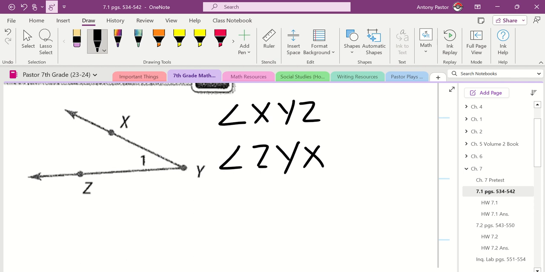The other 2 ways of naming the angle, anybody see one that they think we could name it? There's some other stuff up there. What can we name it? No, we cannot name it ZXY because, again, that's not the order in which the lines go. You are saying, essentially, that is the angle, and that's not the angle we're measuring.